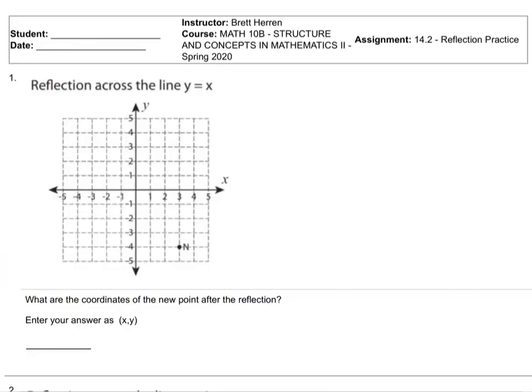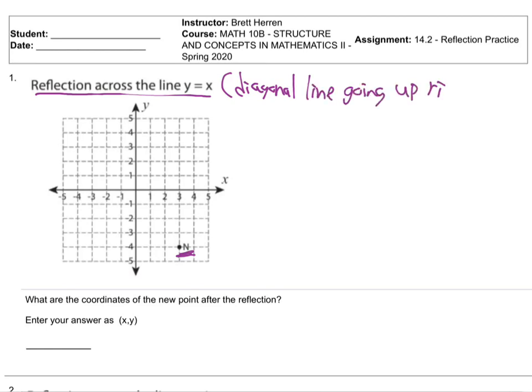So here's how the homework's going to work. Here's the first one. We've got the point N right here, and we're going to reflect across the line y equals x. Now the line y equals x is the diagonal line going up right. This line that goes right through the diagonal, that's the line y equals x.